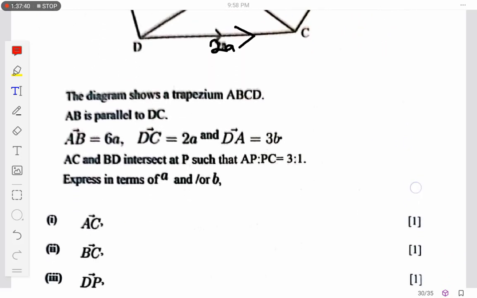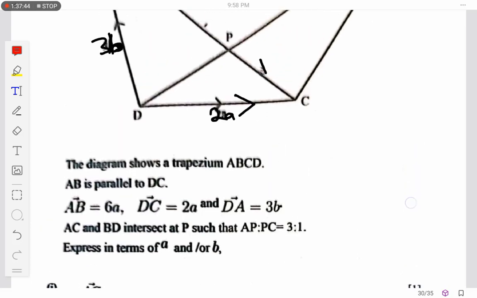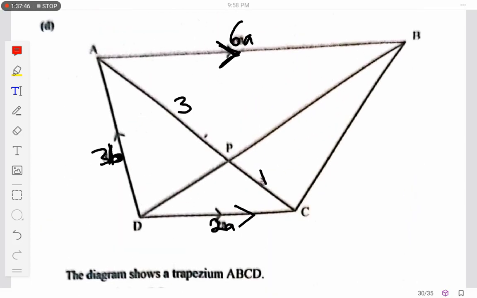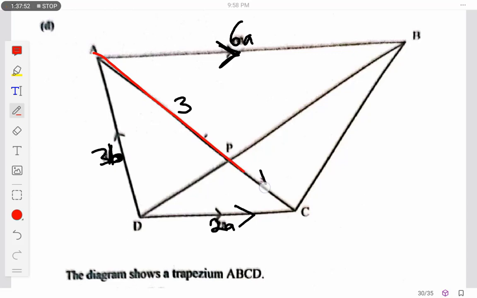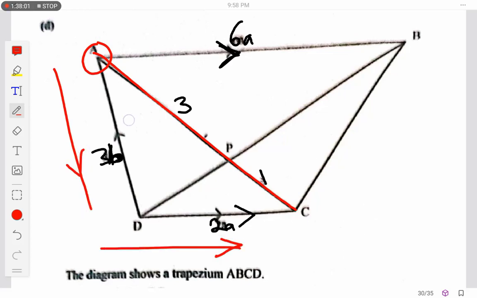Find AC. So where is our AC? AC is this one. It means we are moving from A to C. So the route we can use is to go via this way and then via that way. And we are opposing this, so this is going to be a negative.